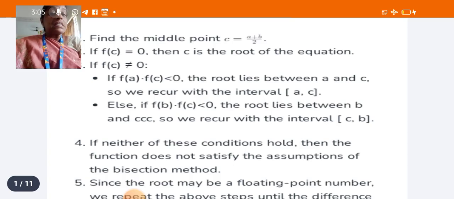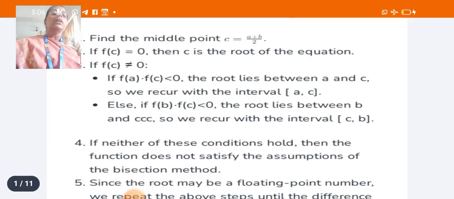If f(c) is not equal to 0, then if f(a) × f(c) is less than 0, the root lies between a and c, so we recur with the interval (a, c). Similarly, if f(b) × f(c) is less than 0, the root lies between c and b, so we recur with the interval (c, b). If neither of these conditions holds, then the function does not satisfy the assumption of the bisection method.